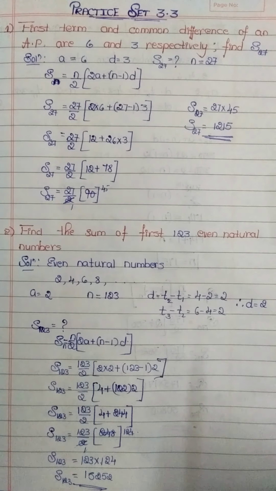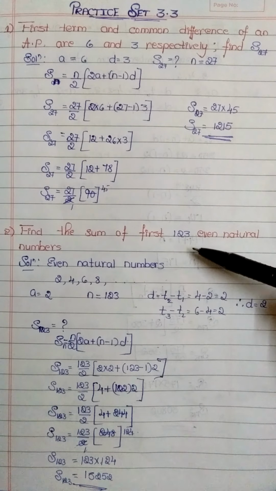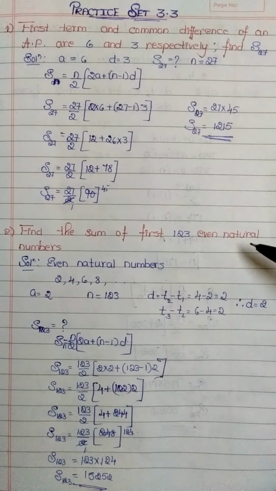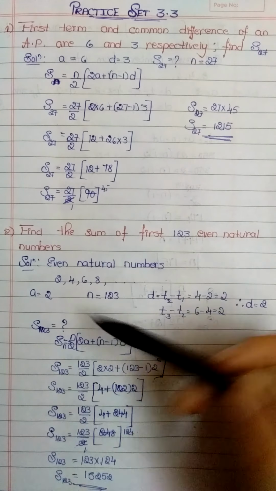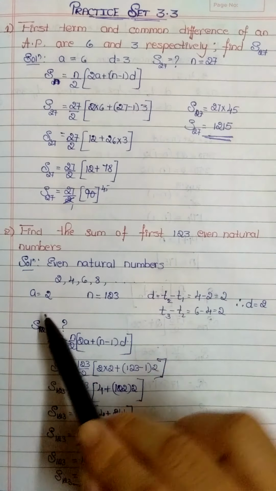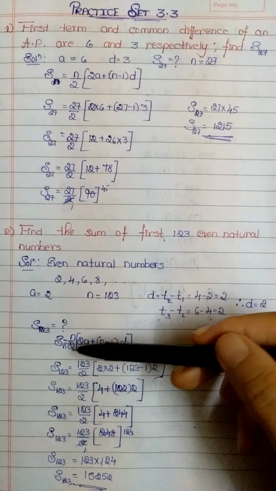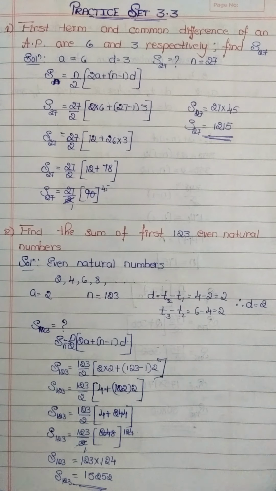So this is the answer for question number 2, where we have to find the sum of first 123 even natural numbers. So even natural numbers we have to use, and by using that we have to find a, n, d, and by using that we have to find S123. I think it's clear how to solve this type of problems by using the Sn formula.